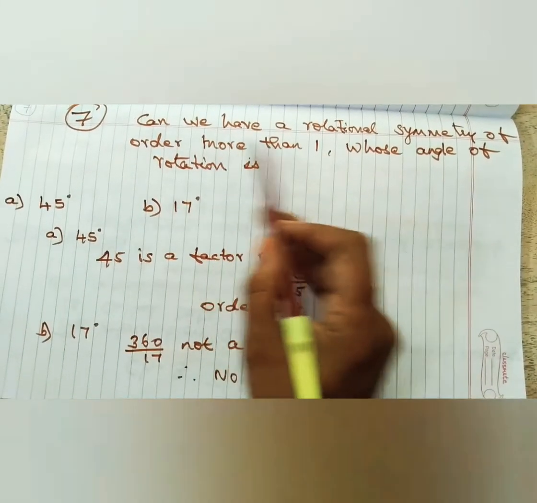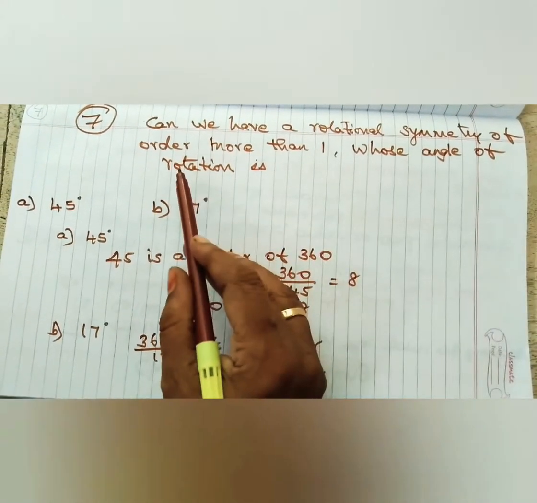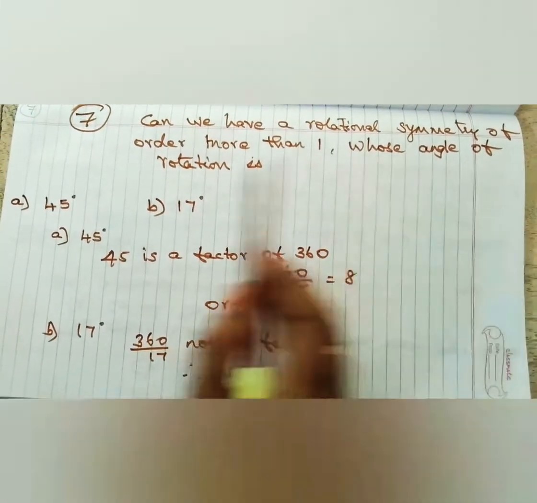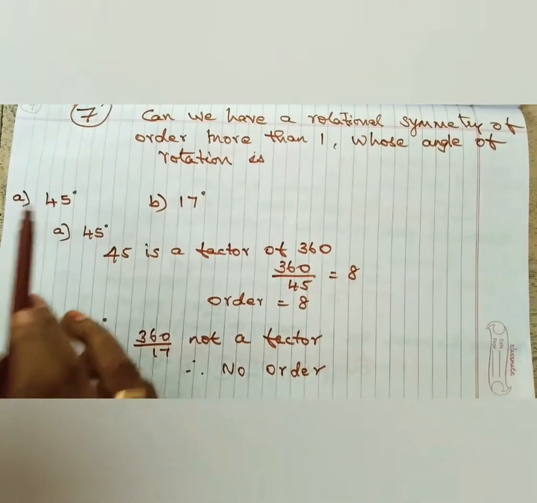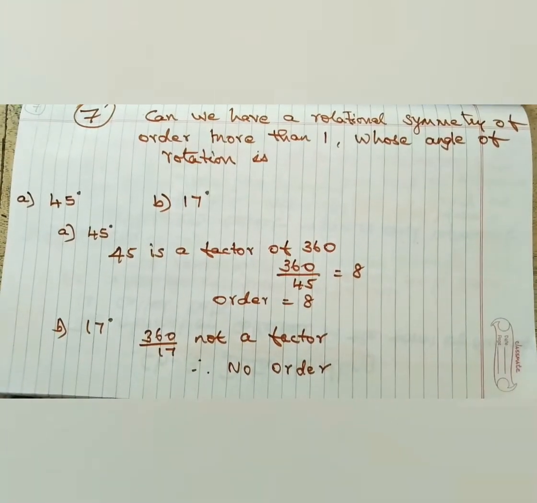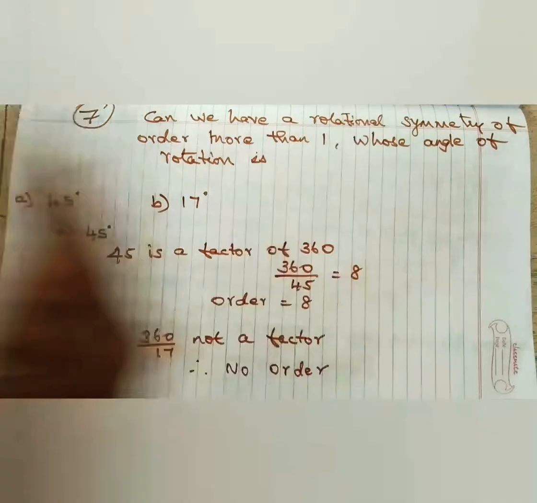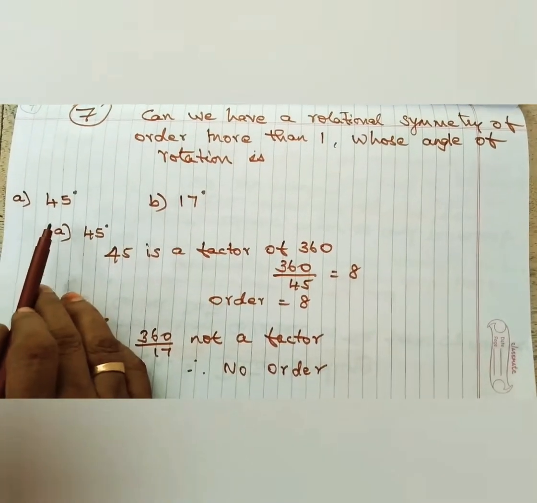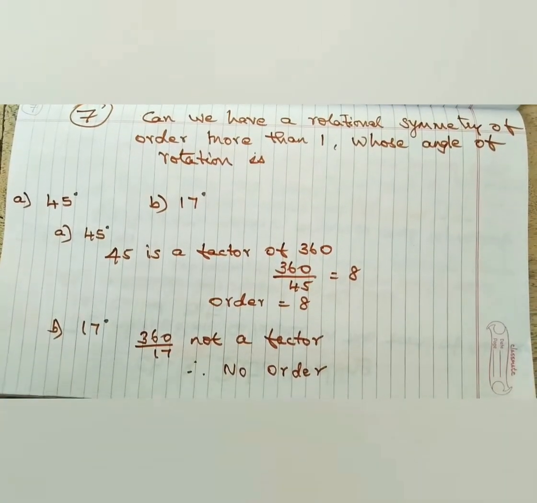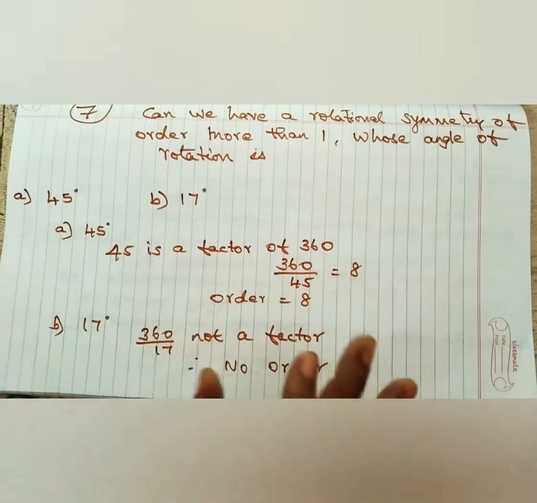Seventh question. Can we have a rotational symmetry of order more than 1 whose angle of rotation is 45 degrees? So he is asking you to find the rotational symmetry order. The order has to be more than 1 and the angle is given as 45 degrees. Now, how to find it? The total complete revolution is 360 degrees.